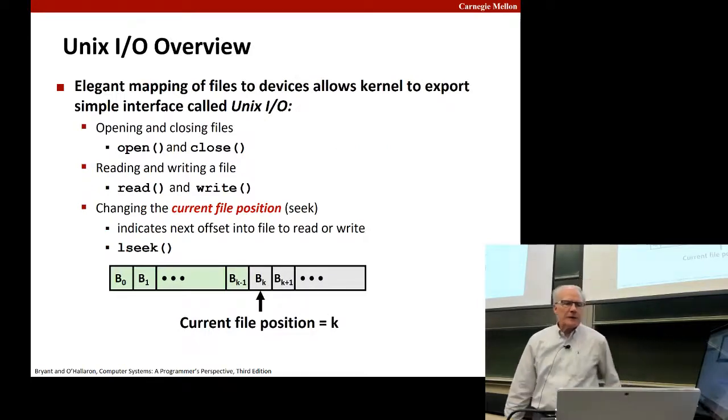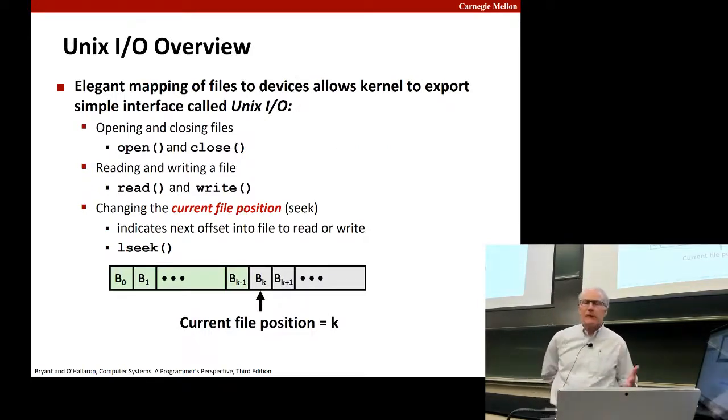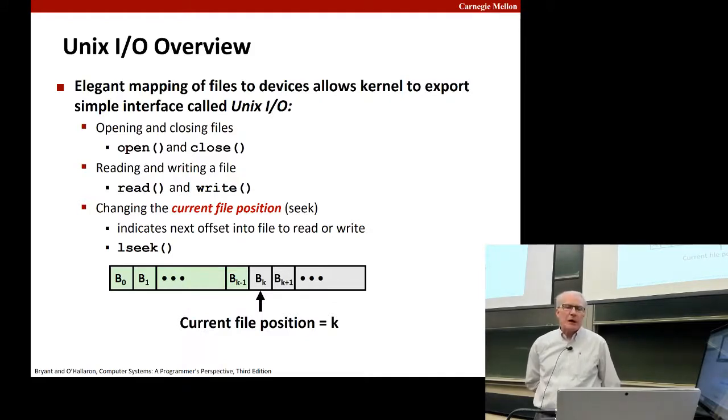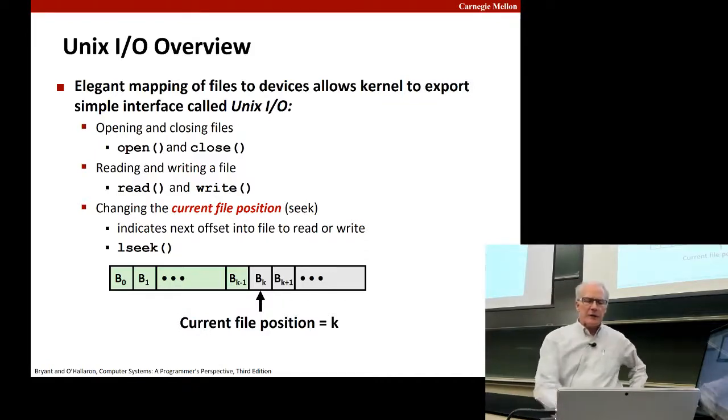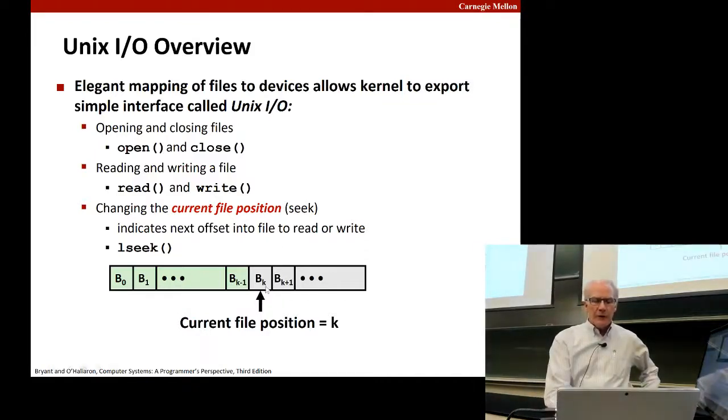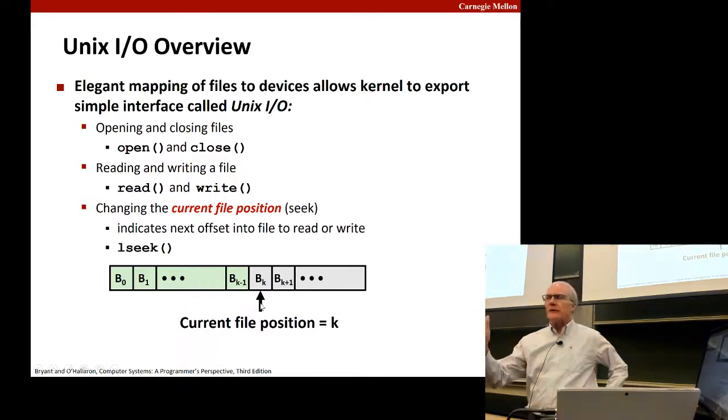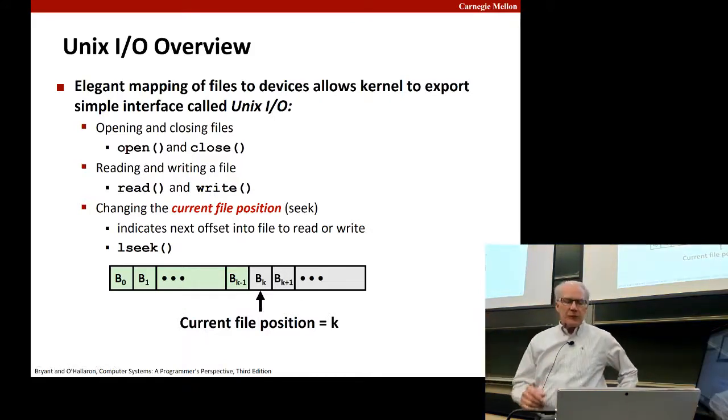So at any given time, the set of operations you can do with files at this lowest level is pretty small. You can open a file, close it, read from it, and write to it. What it means to read or write is this: for an open file, there's a concept of its current position, which is where within this byte sequence it is, like a pointer.